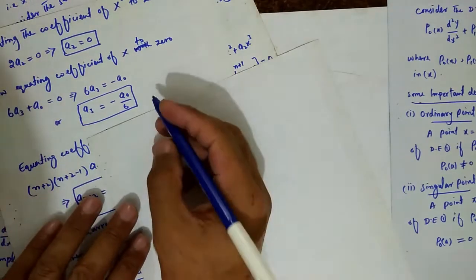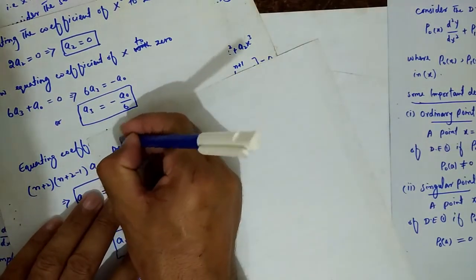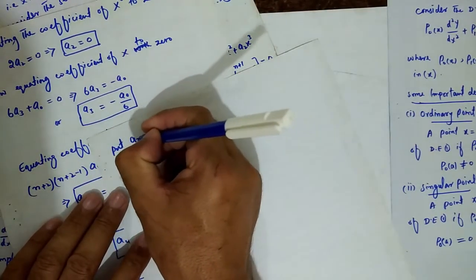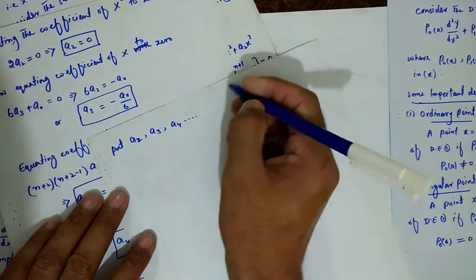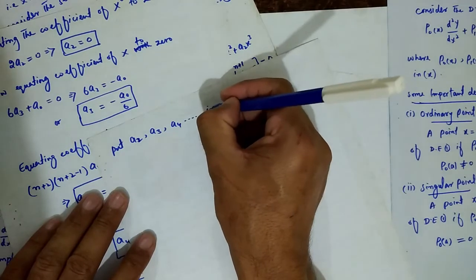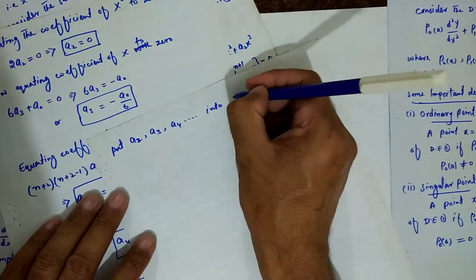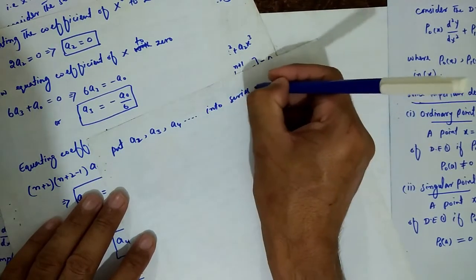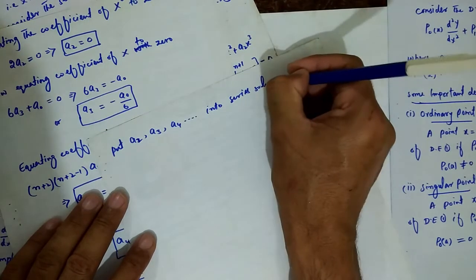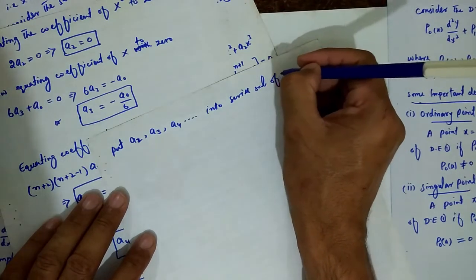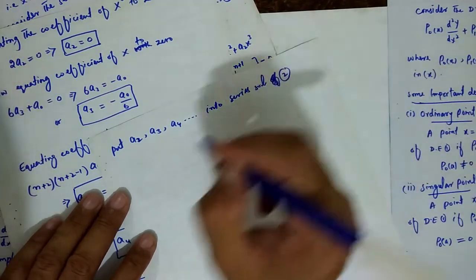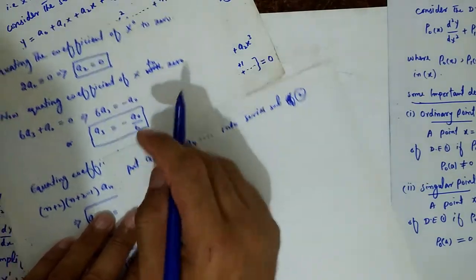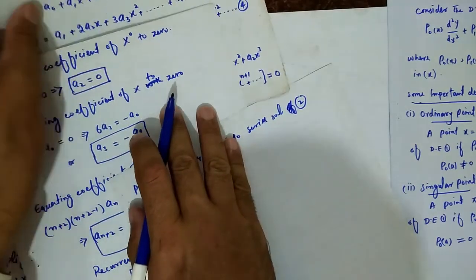Now put a2, a3, a4 and so on into the series solution of equation 1, which is equation number 2. So equation 2 is this one.